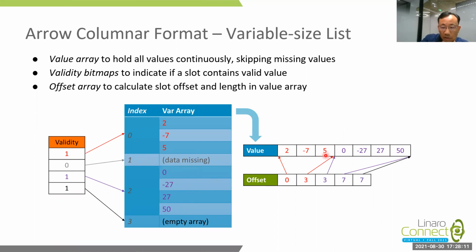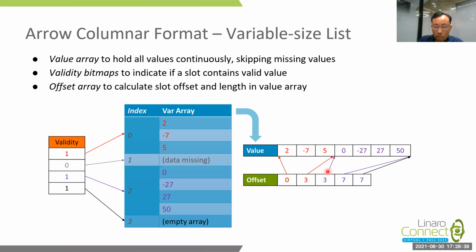But with this value buffer, how can we slice out the required subarrays? This is what the offset buffer does. In the offset buffer, we store pointers into the value buffer to indicate the starting and ending positions of subarrays. For example, the first is 0, the second is 3.